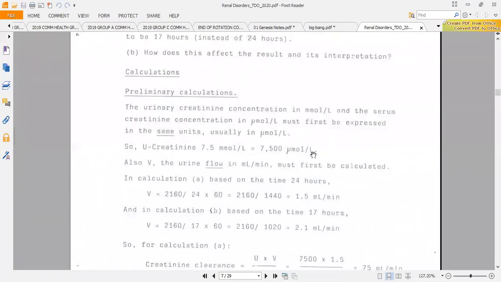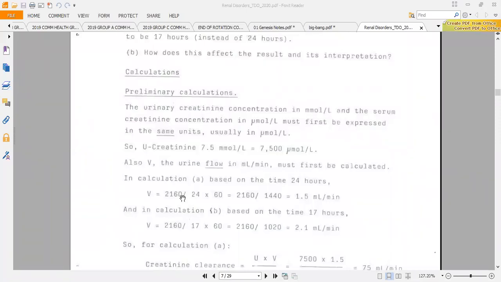As I said, what we are calculating next is the urine flow, which means the volume that we've collected divided by the total time. We collected 2,160 mL, and the unit is mL per minute. So 2,160 in 24 hours.